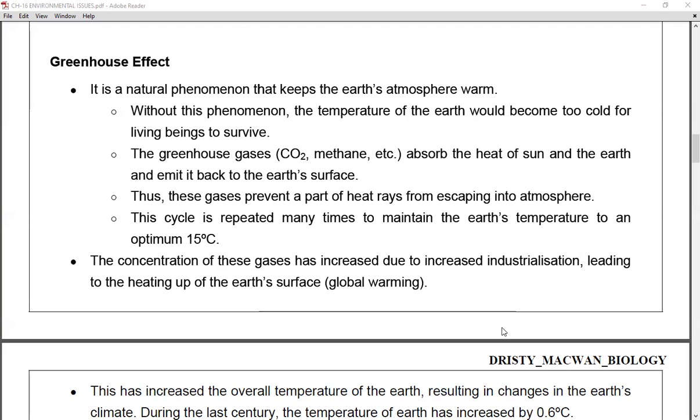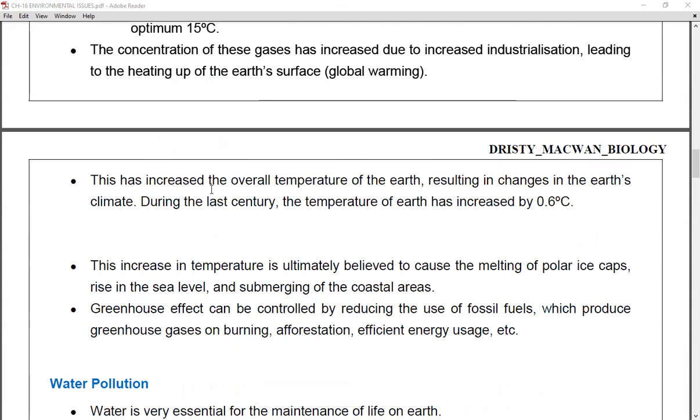As more and more industrialization is observed, that is, more and more development of industries, there is more pollution. This leads to more heating up of the earth's surface, and if the earth's surface is heated up more, it leads to global warming, right?